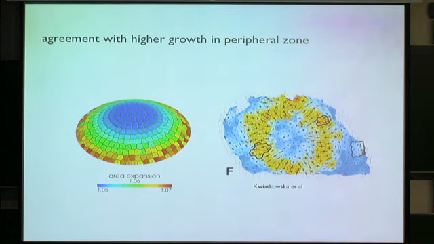And I've also shown an experimental picture, which is a measurement on the shoot apical meristem, and you can see that the highest growth rate in the peripheral zone correlates very well with our simulation.